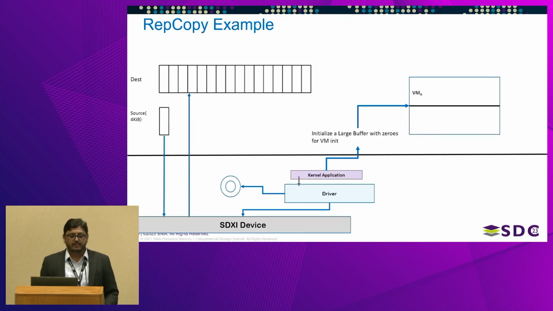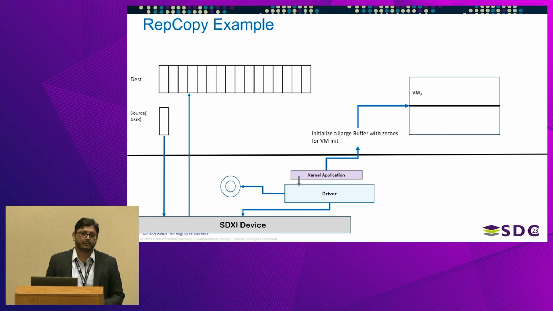So this is just one of the examples that I wanted to give for repeat copy, which was there in the previous picture. Something hypervisors or virtualization vendors really like to do is, okay, take a large memory buffer and fill it with zeros. And so this is something that went into the spec: you can take a 4 kilobyte buffer with zeros in that page buffer, and fill a 4 gigabyte memory buffer with all zeros.